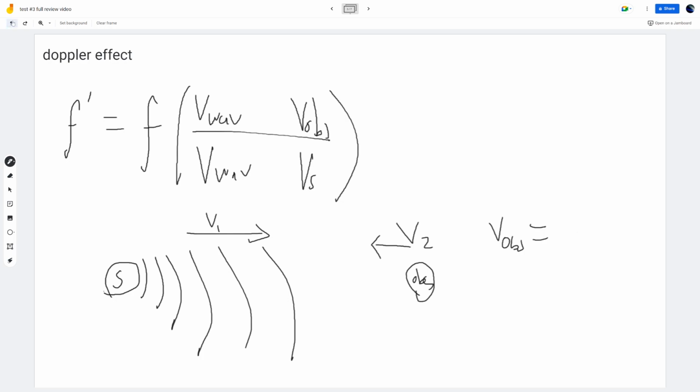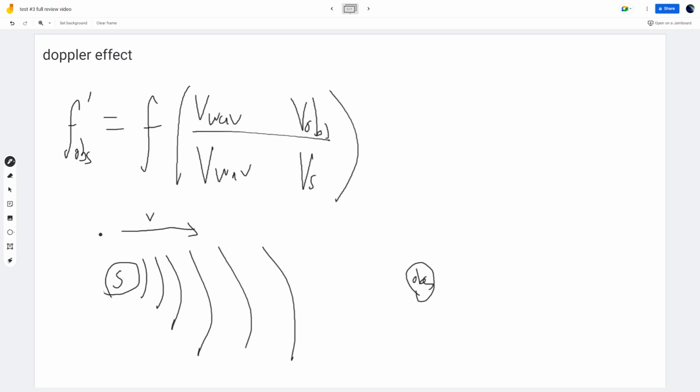So then for the source, we can think about it this way. The source is moving towards the observer, and of course, the frequency is the frequency the observer observes.